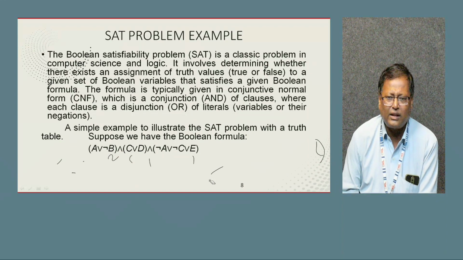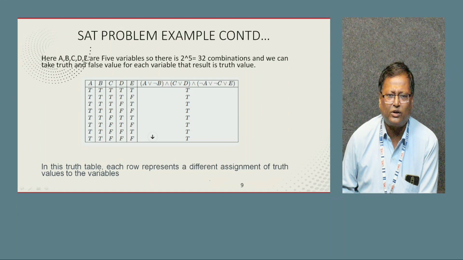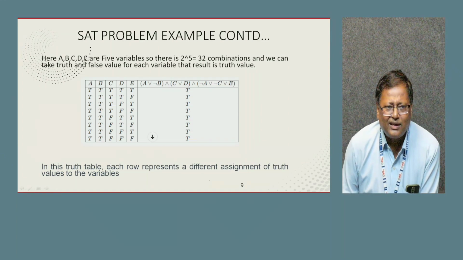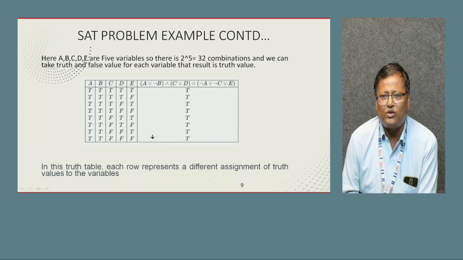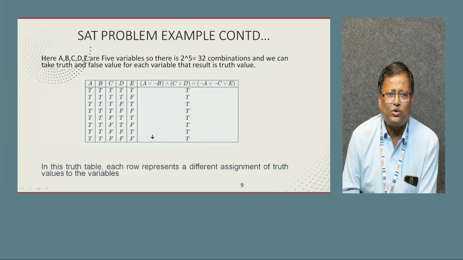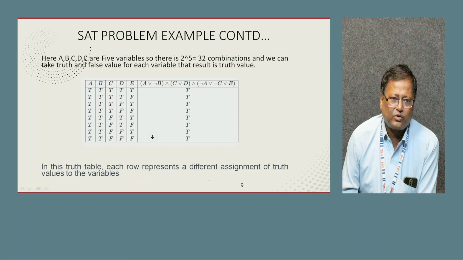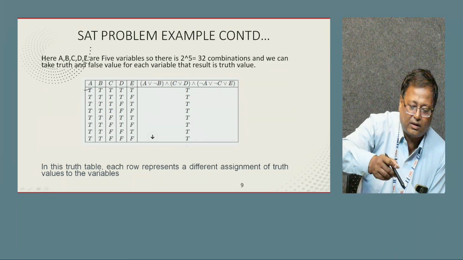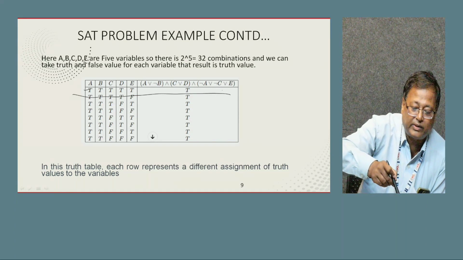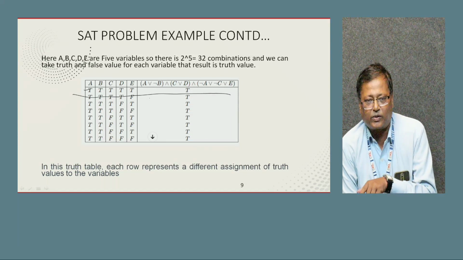We can take true and false values, but satisfiable means only the sum of the truth value is what we need. We can also verify in polynomial time whether it is true or false, so this is an NP problem.